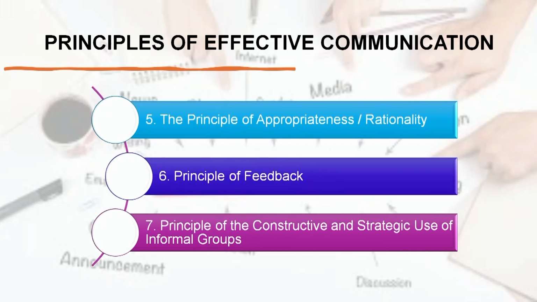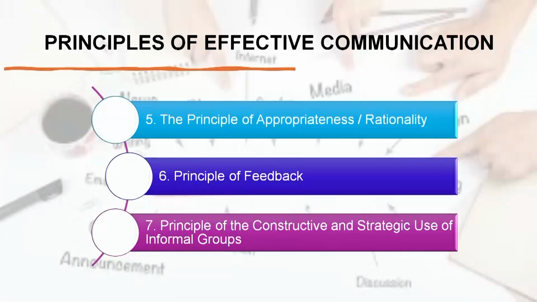So that cycle should complete: sender, receiver, receiver, sender. And if there is any breakage in that cycle, then the communication is not purposeful and it is not effective. The idea behind emphasizing the feedback aspect of communication is that it helps the sender to modify his or her subsequent communication in view of the reactions of the recipient, making for better and improved human relations.